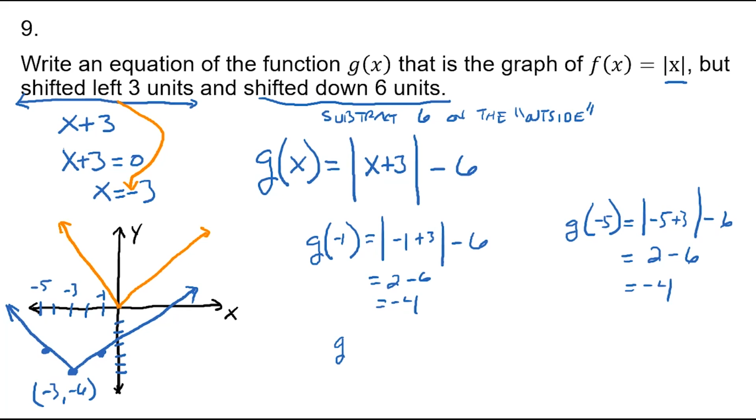Just to verify that I moved it the correct spaces and we have the correct function, if I take g of -3, this is telling me I should end up with a -6. So -3 plus 3 minus 6. This is 0, absolute value of 0 is just 0, so I end up with -6. So yes, we verified graphically and by plugging in a couple points that we have the correct transformation here.